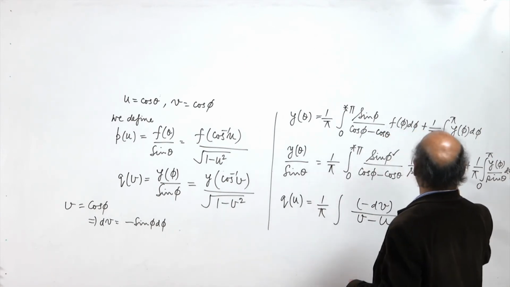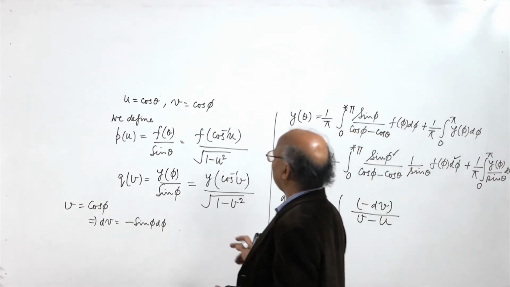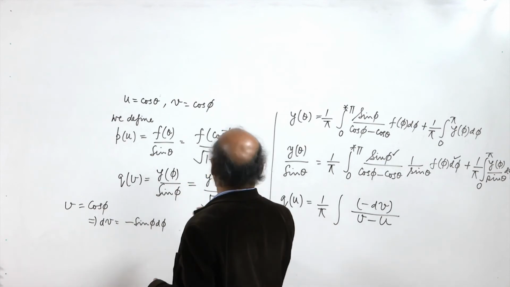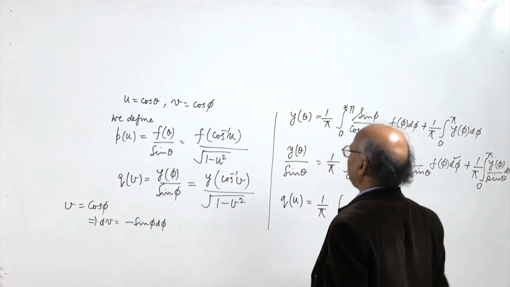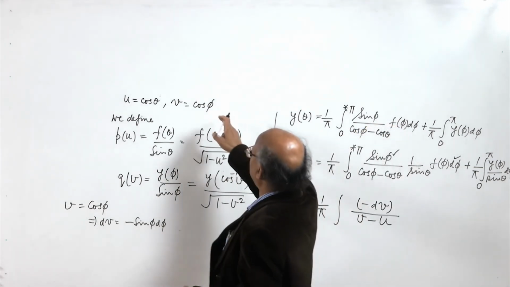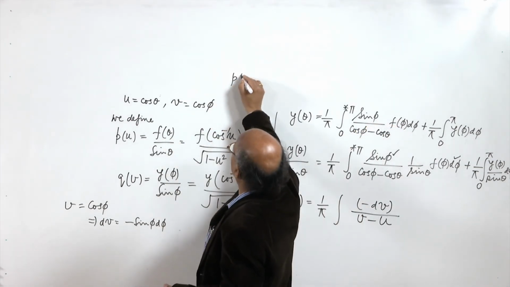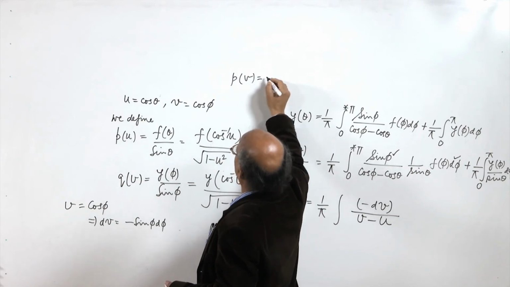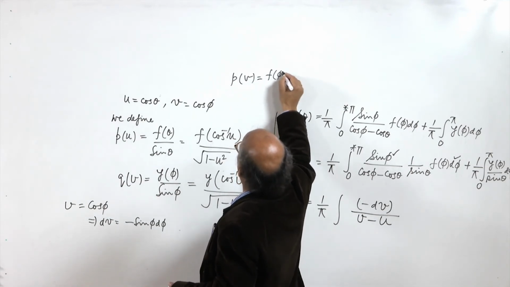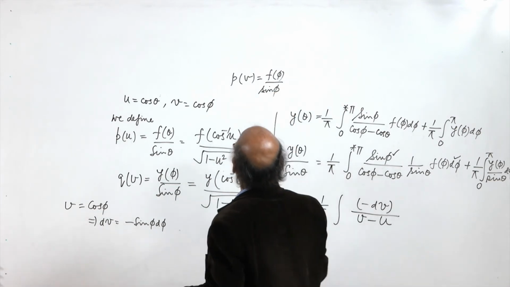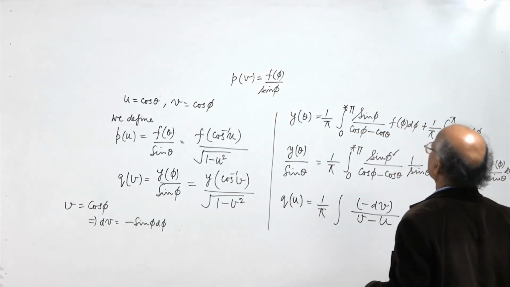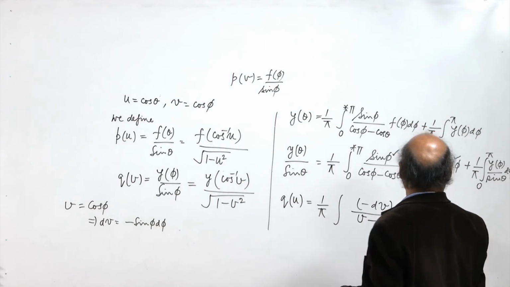What are we left with? f phi. f phi is equal to Pb sin phi, because b is a function of phi, so Pb is equal to f phi divided by sin phi.